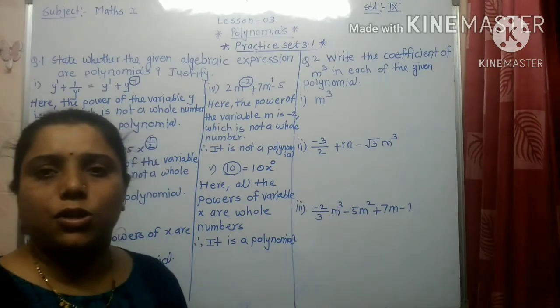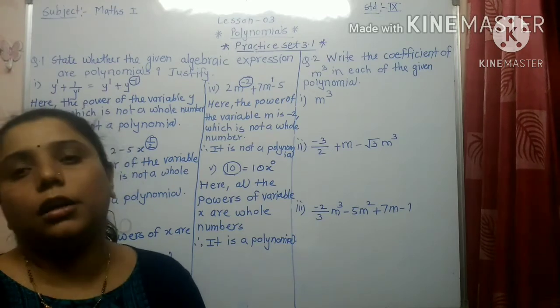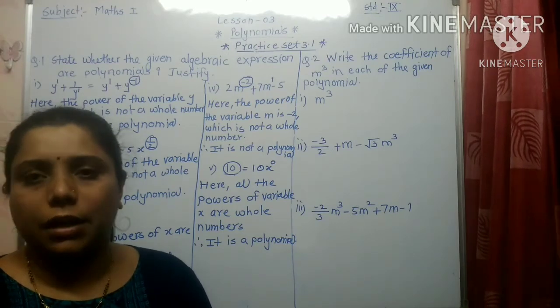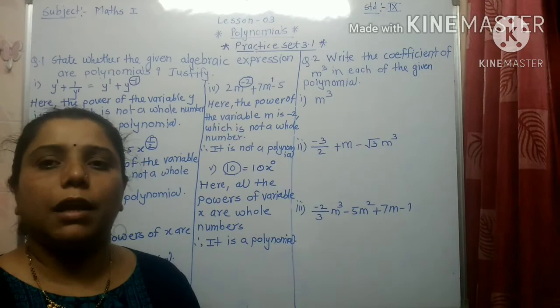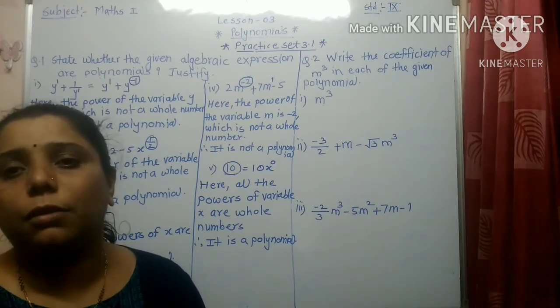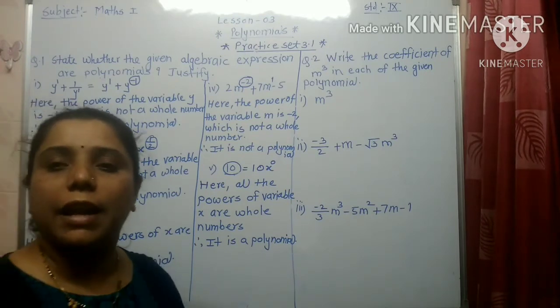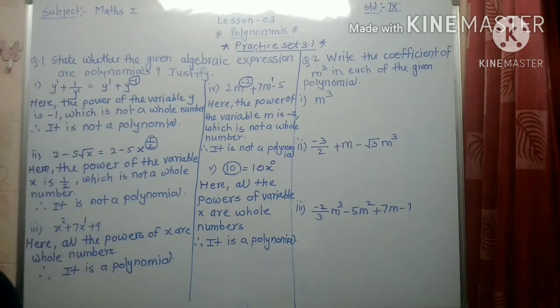Okay. In this question, we are writing in terms of that particular condition only. They gave the condition. The power of the variable x should be a non-negative integer. I mean, the power of the variable x should be a whole number. Hence, we are writing the answer in that particular language.